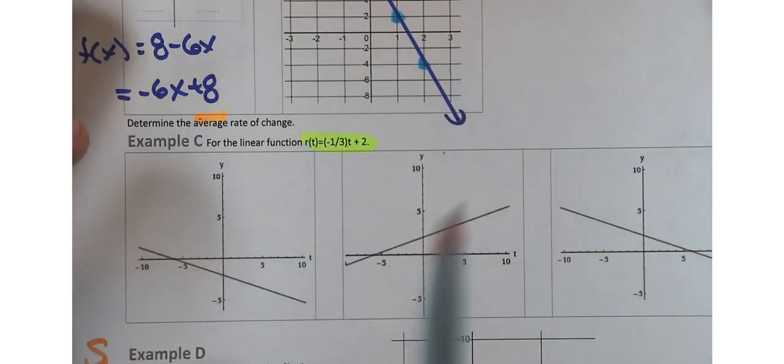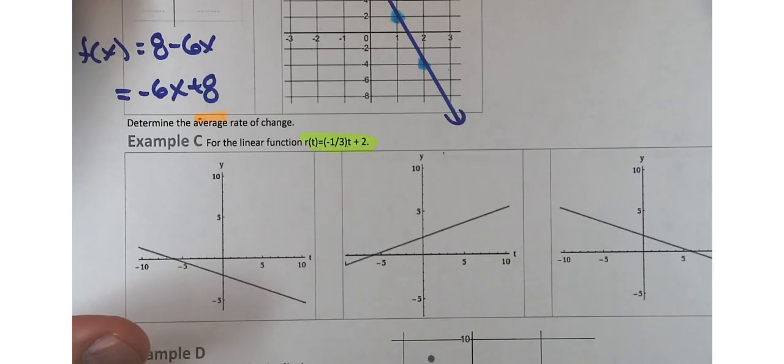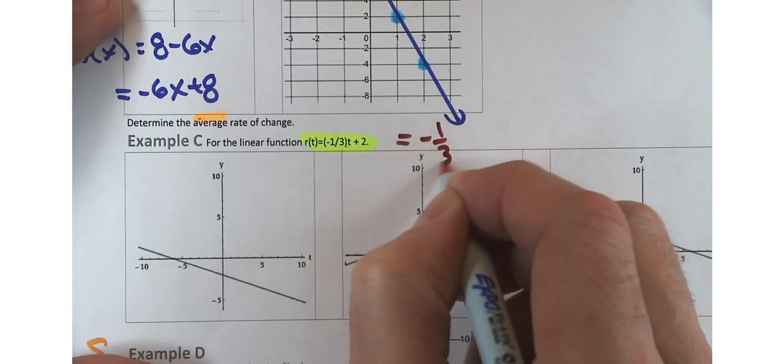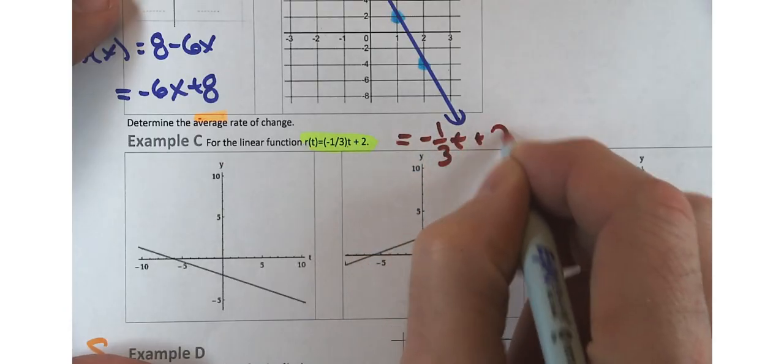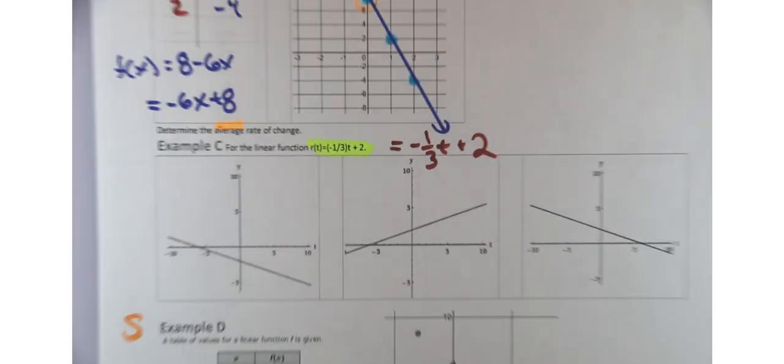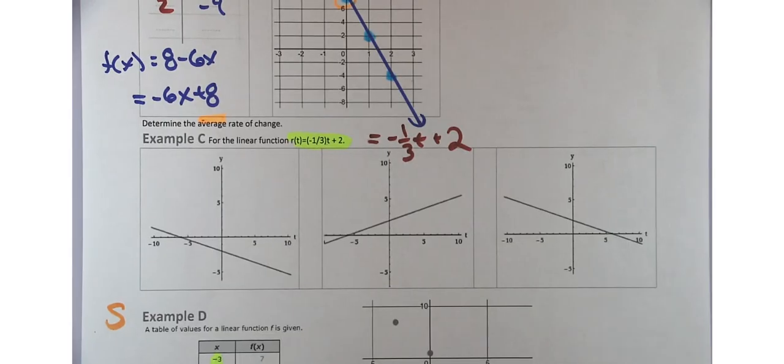R of t equals -1/3 t plus 2. Now let me rewrite it like this, -1/3 t plus 2, like that. Maybe a little bit easier to write. And what I want you to do, I'm going to call on a couple of you guys in just a second, is don't tell me which one's the right one. Tell me which one we can eliminate and why.